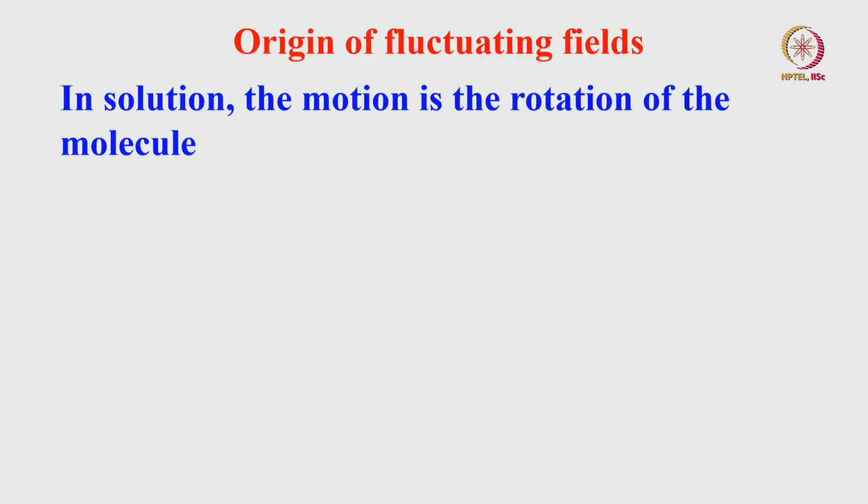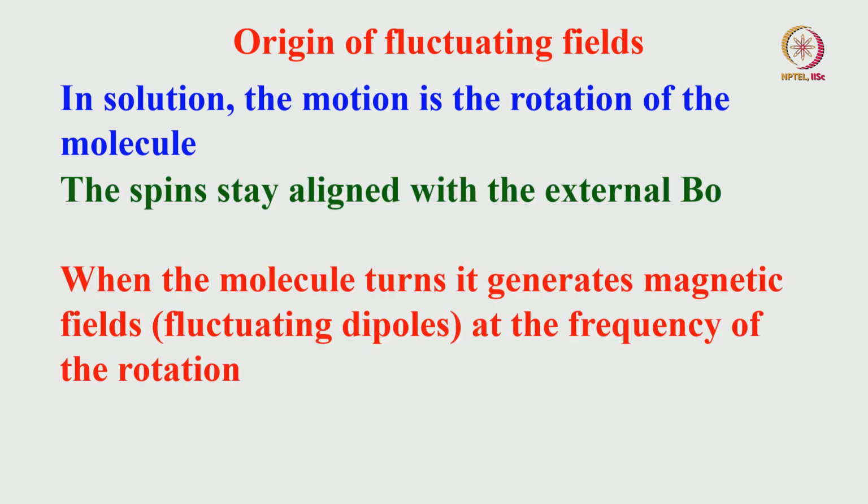That is because the origin of the fluctuating magnetic field in solution state is the rotational motion of the molecule. Molecules are not staying steady. The spins are aligned with the magnetic field, but this in turn generates a magnetic field because they are undergoing fluctuation. That is what we saw in the figure. When two dipoles, I took the example where one dipole is stationary, just for calculation purposes, and the other one undergoes tumbling motion while creating a magnetic field at the other spin, keeping both orientations with respect to the magnetic field the same.